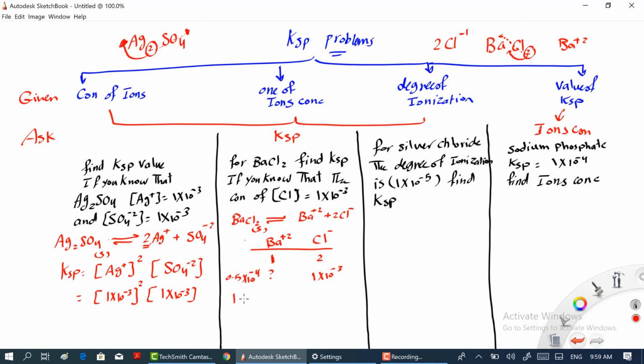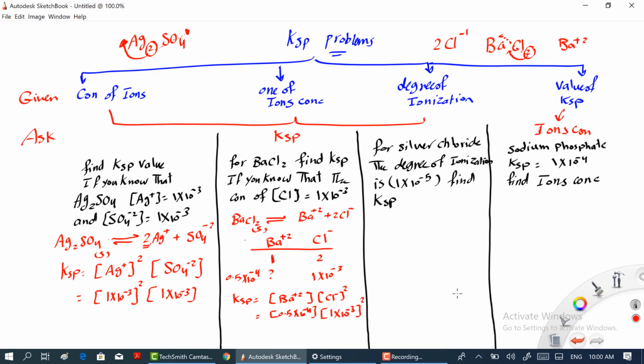So Ksp equals the concentration of the barium multiplied by the concentration of chlorine raised to power 2. It will be 0.5 times 10 power negative 4 multiplied by 1 times 10 power negative 3 squared, and this is the value of the Ksp.